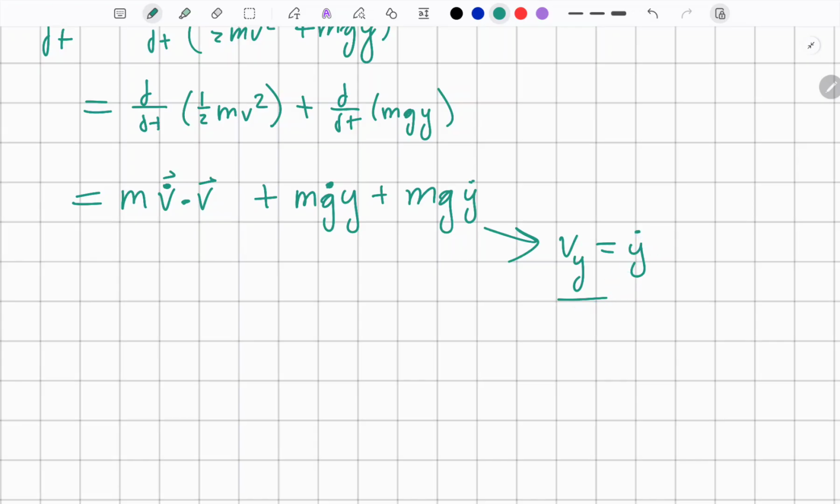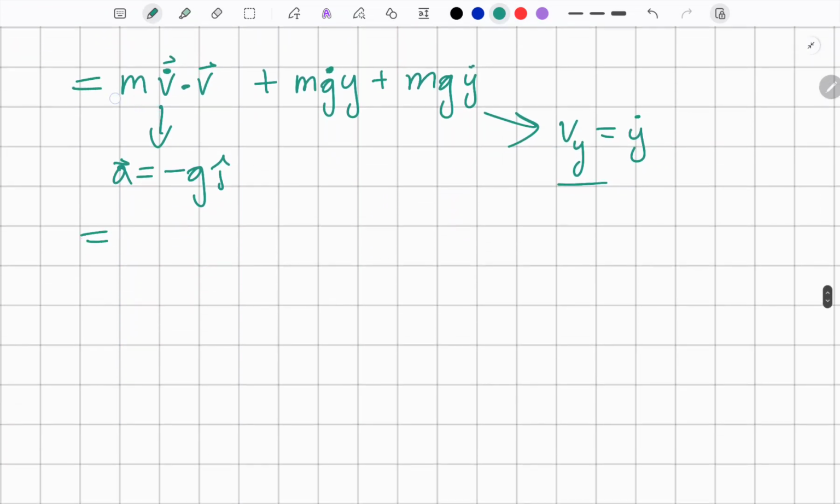Just to make that a little more clear, we know that the derivative of velocity with respect to time is our acceleration. So this is acceleration, which in our case is negative g in that j component.